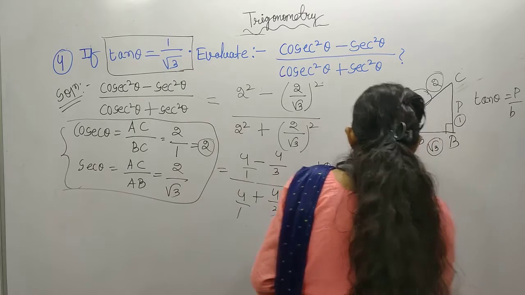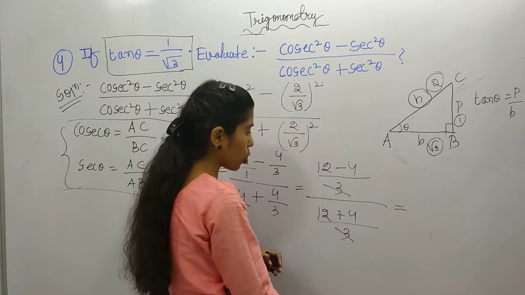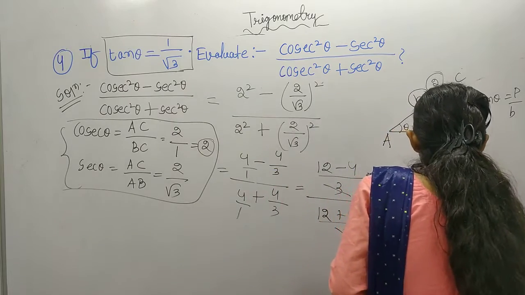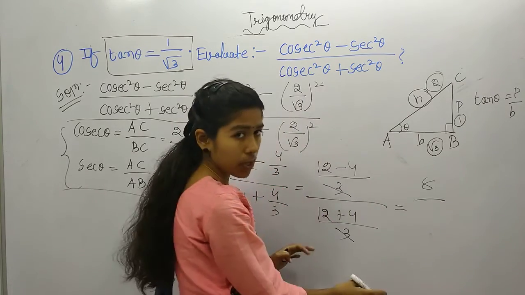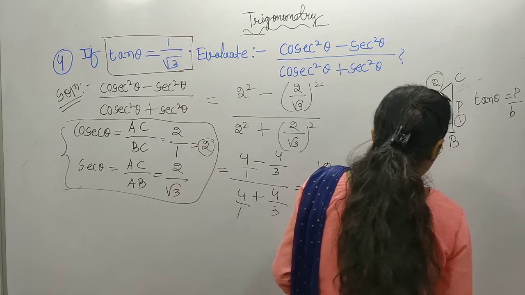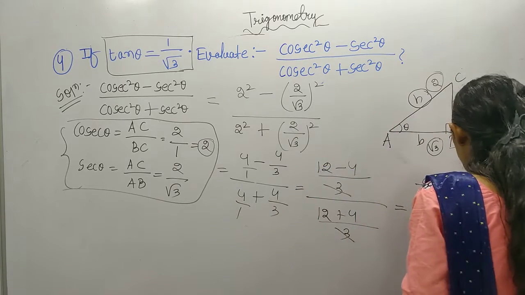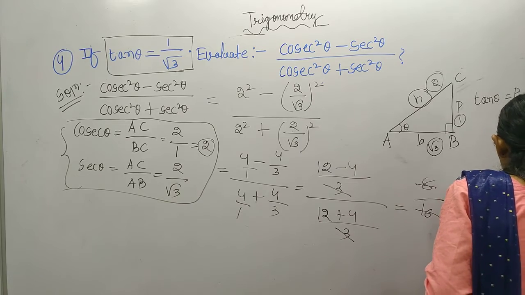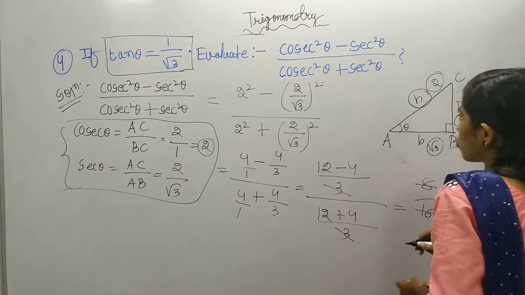Next, 3 and 3 will cancel each other. 12 minus 4 is 8, divided by 12 plus 4, which is 16. So 8 by 16, if we cut by the 8 table, 8 ones are 8, 8 twos are 16. So the answer is 1 by 2.